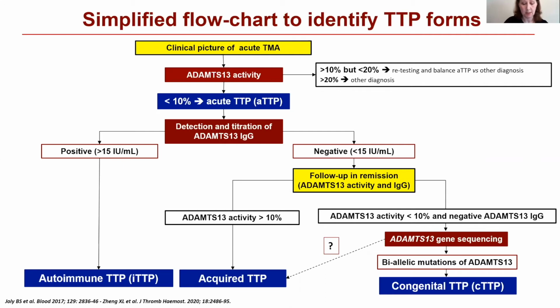In contrast, if ADAMTS13 IgGs are negative, only the follow-up in remission of both parameters will lead either to the diagnosis of acquired TTP, if ADAMTS13 activity increases higher than 10%, or to the diagnosis of congenital TTP, if ADAMTS13 biallelic mutations are identified, because both ADAMTS13 activity and IgGs remain undetectable during remission.